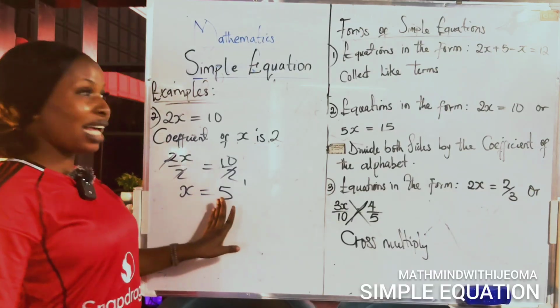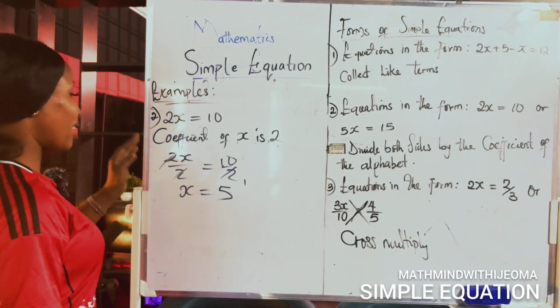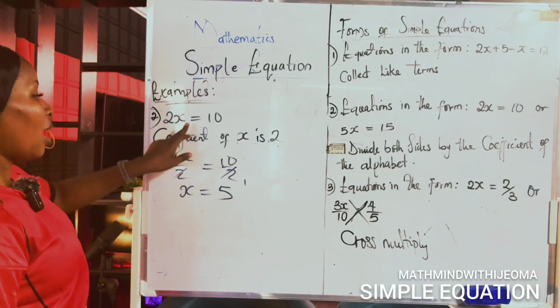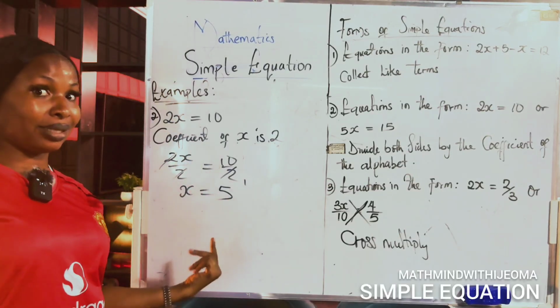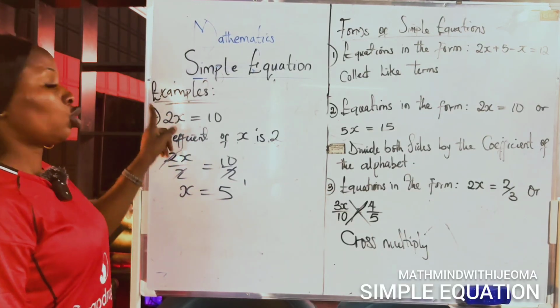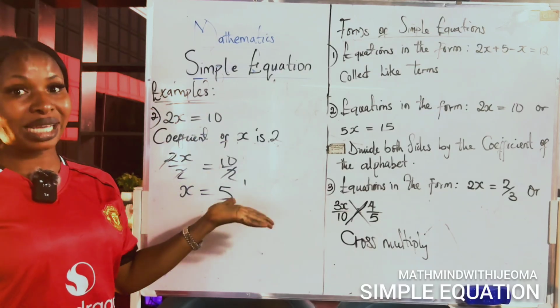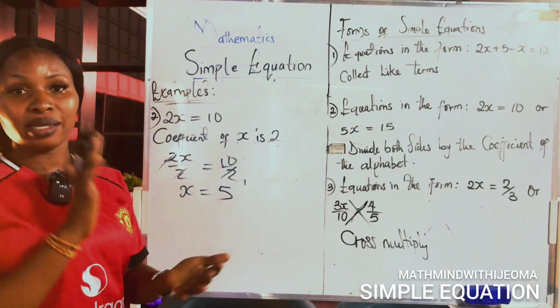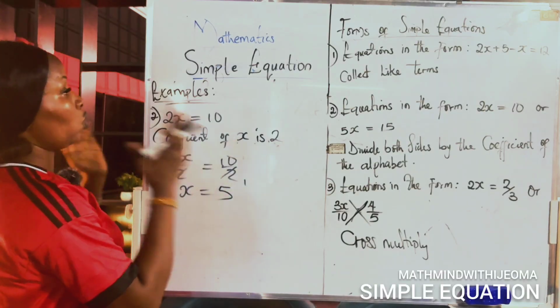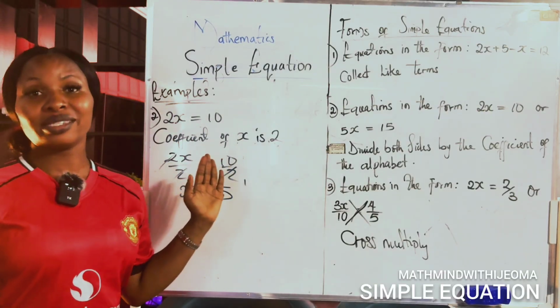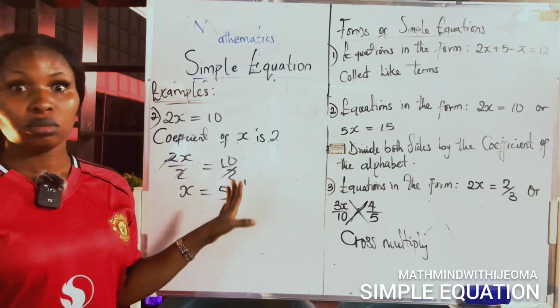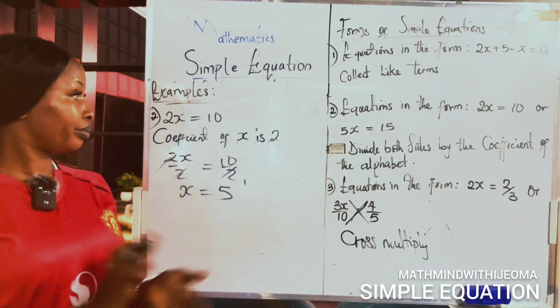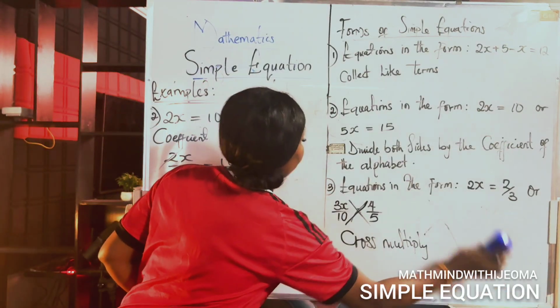So that's that for this. If I decide to put my answer there, I'll just put 5, which is the value of x. So I'll be having 2 brackets 5, which, remember, bracket means times. So you have 2 times 5, which is 10. So that means the equation is balanced. If it's different figures, something is wrong somewhere. Let's go to the next.